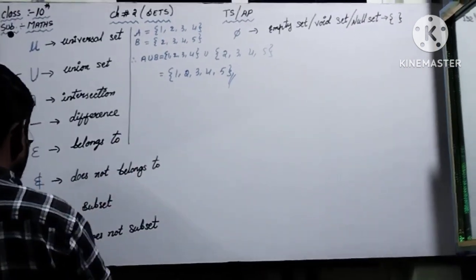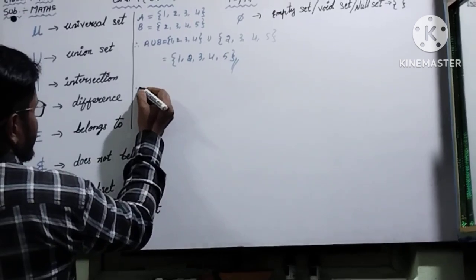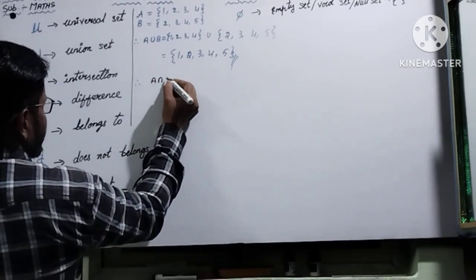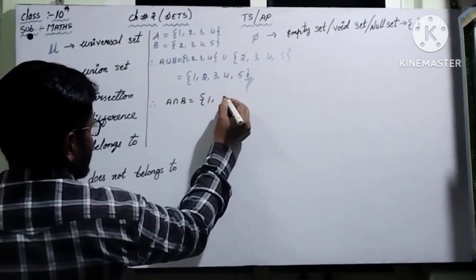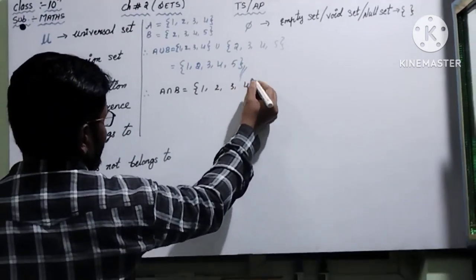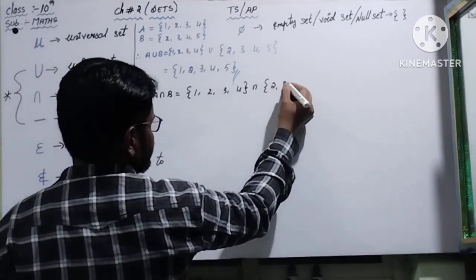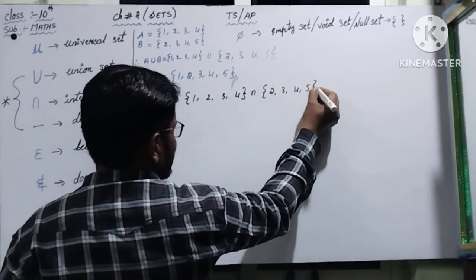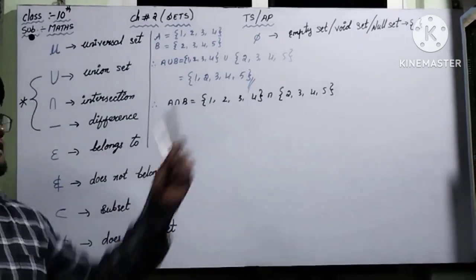Now the next one I am finding is intersection, A intersection B. The elements of A are 1, 2, 3, 4 and the elements of set B are 2, 3, 4, 5.